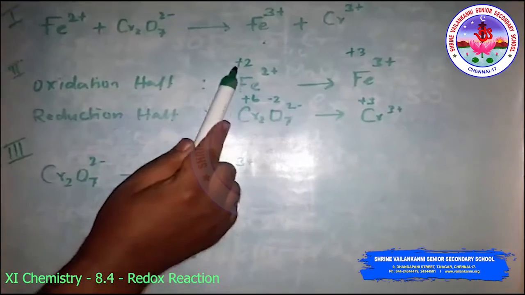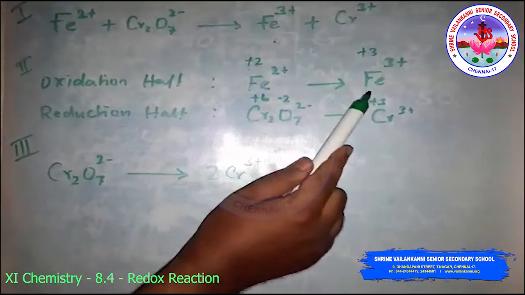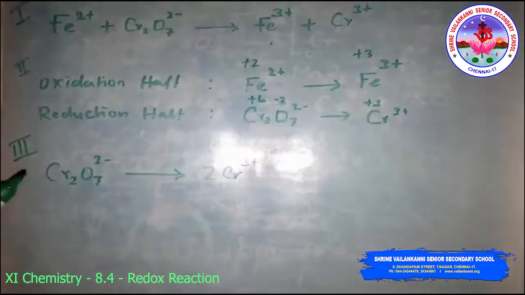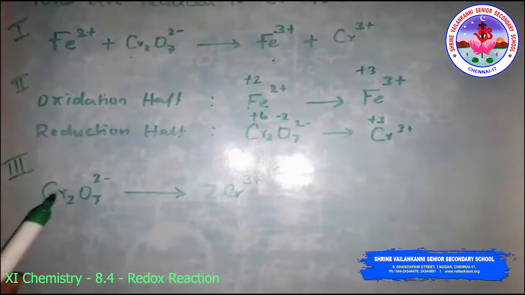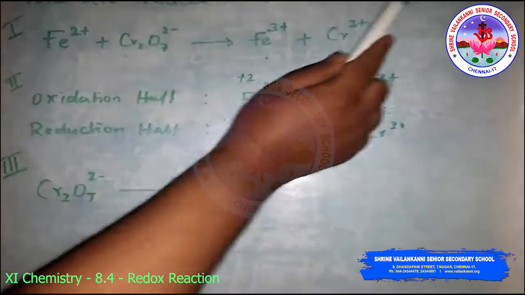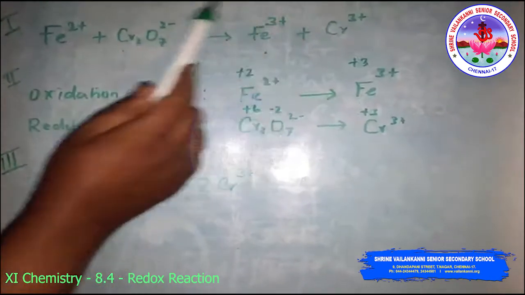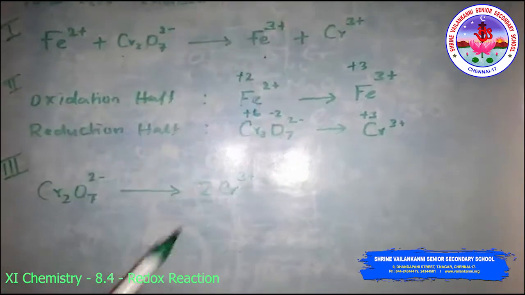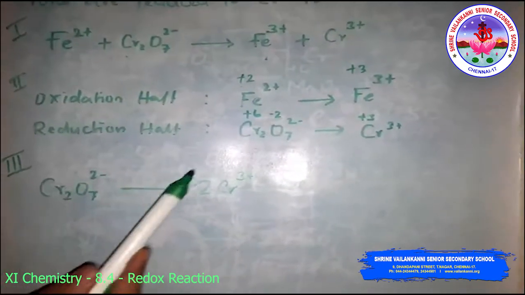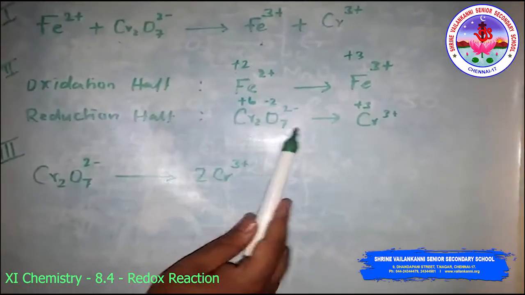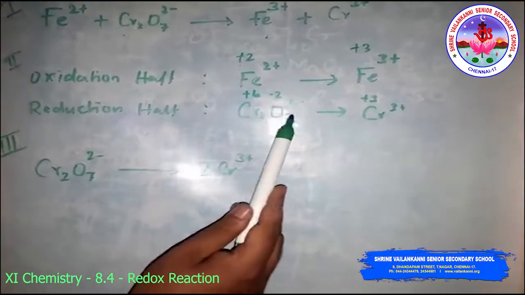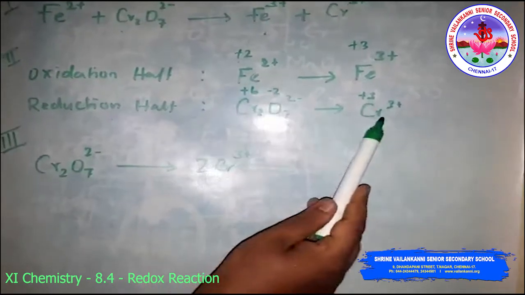Here the oxidation state of iron is 2 plus and iron 3 plus is 3 plus. Then reduction: here chromium 6 goes to chromium 3. You already know that dichromate ions are reduced to chromium 3 plus ion. So reduction is Cr2O7 2 minus gives Cr3 plus.